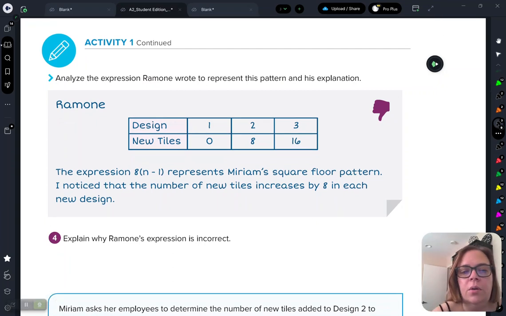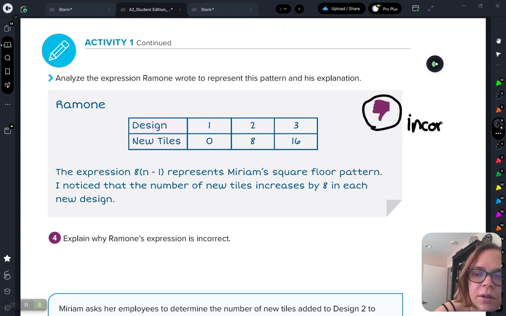Okay, so analyze the expression Ramon wrote to represent this pattern and his explanation. So design 1, 2, 3, new tiles 0, 8, 16. Anytime in the book you see this thumbs down, it means this is incorrect, and we need to probably analyze why it's incorrect.